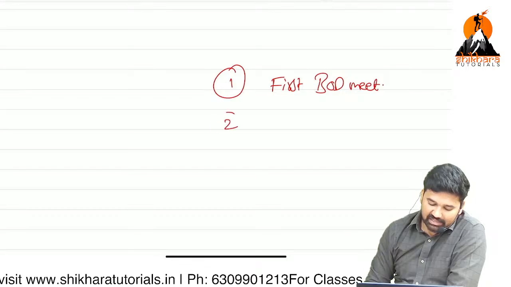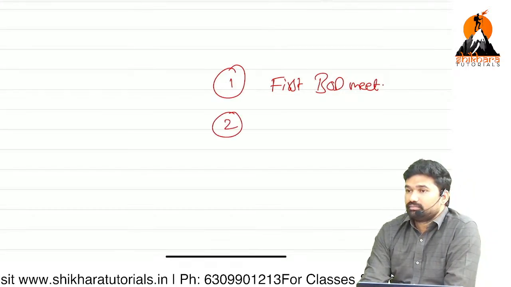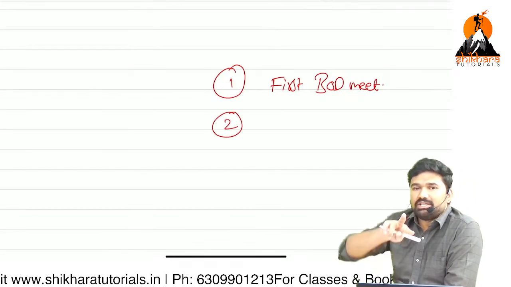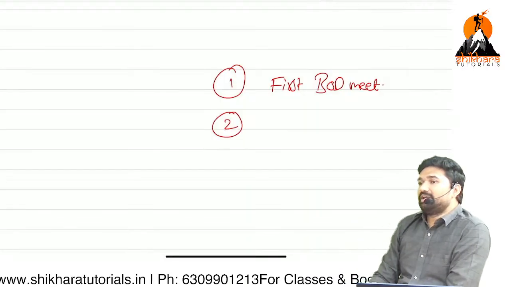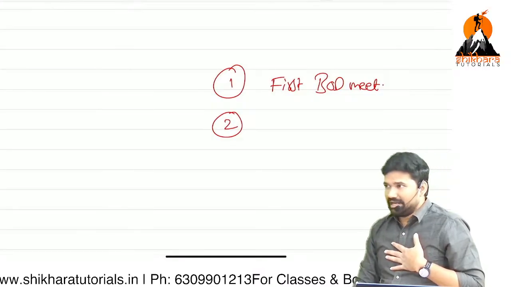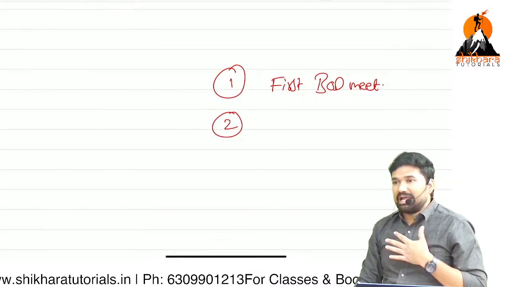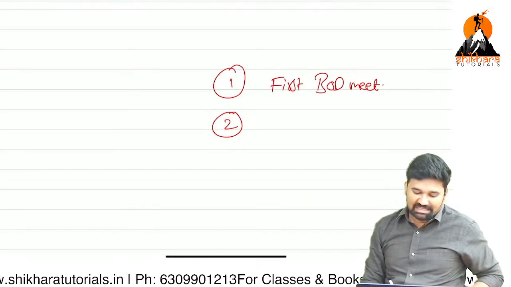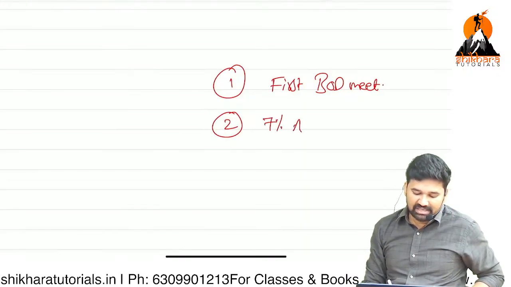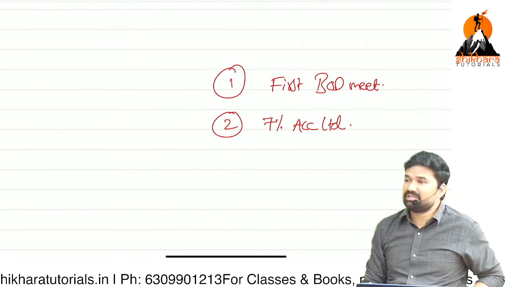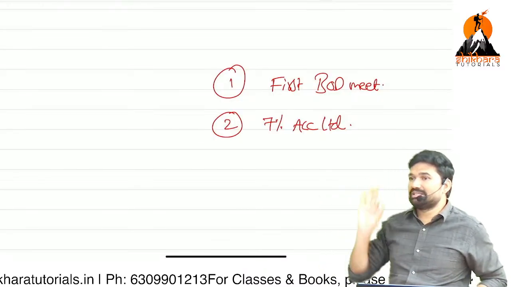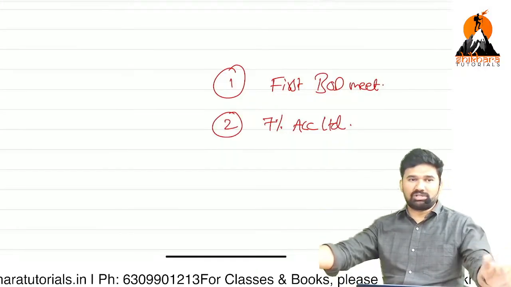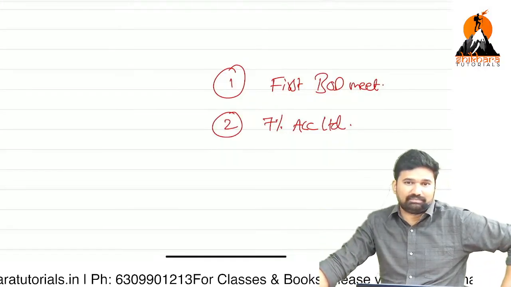And the second case, if there are any changes in the particulars. Say for example, I am a director. At the time of appointment, I am holding 7% shares in ACC Limited. Cement company is there, no? In ACC Limited, I am holding 7% shares. I have already disclosed that at the time of appointment.